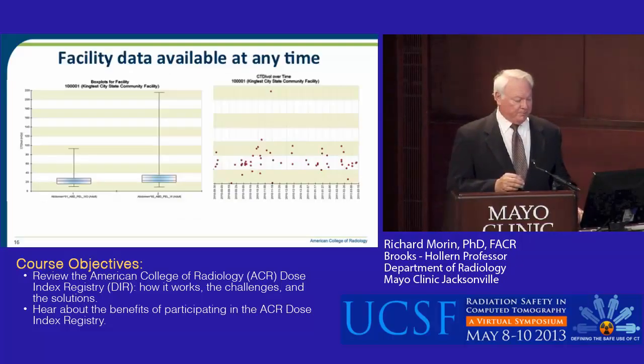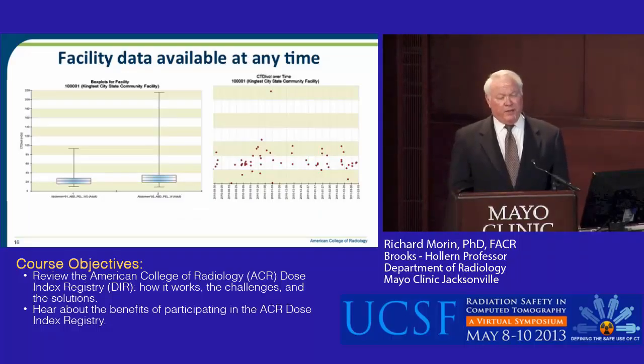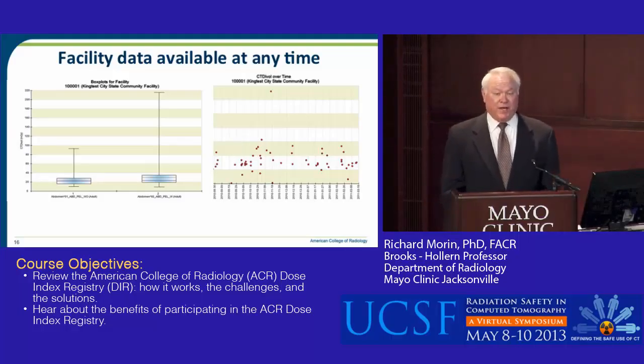Next slide, please. The data can be looked at through a box plot, and that's on the left. The top and bottom of the box are the 75th percentile and 25th percentile, respectively. The hash marks at the top and the bottom are the range, the lowest number and the highest number. And then in between are also the average and the median.